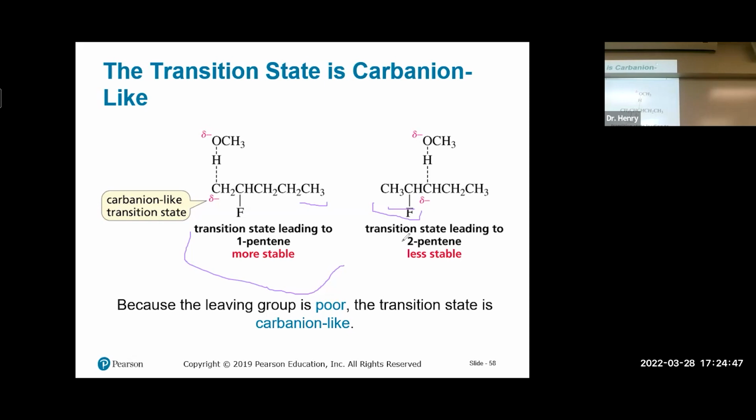This transition state is going to lead to 2-pentene, which is going to end up being less stable than the 1-pentene. And it's because now the carbon is going to act as if it's negatively charged, kind of like what we would have in the case of the halogen earlier.